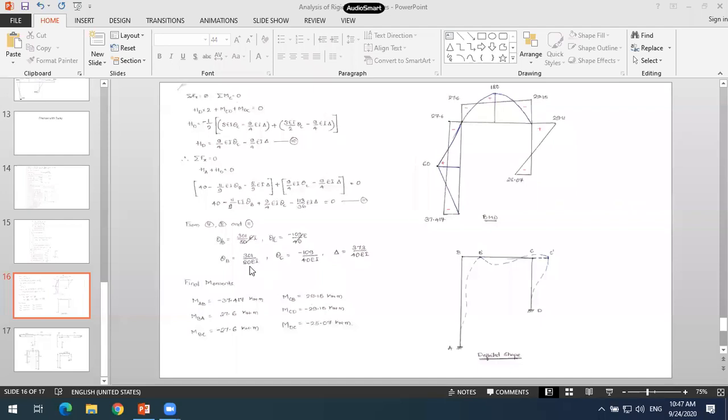Only the values will change. The procedure will not change due to that 120 kilonewton and HA plus HD equal to 80. The values of theta and the moment values will change. Other than that, the procedure will remain entirely the same.